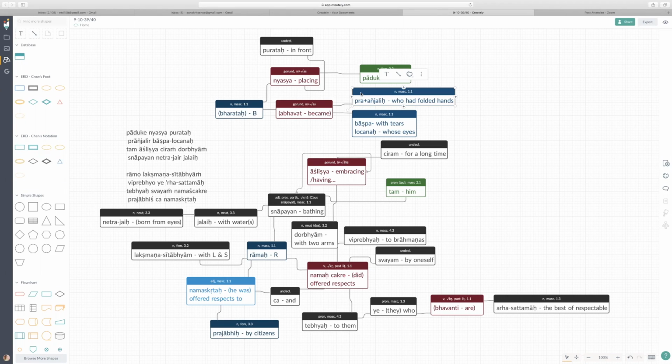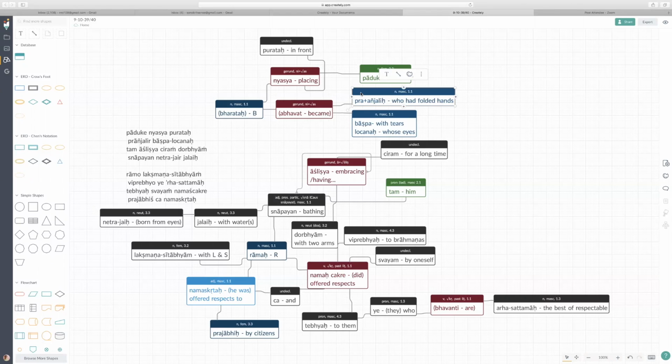Because if we just make them both adjectives of Bharata, then we are left with loose ends. The sentence is not complete. So Bharata, who had folded hands and tearful eyes, placing the sandals in front of him, and there is a suspension. So what then? He... bathed Rama? No, tears. Yeah. He didn't bathe Rama, Rama bathed him.